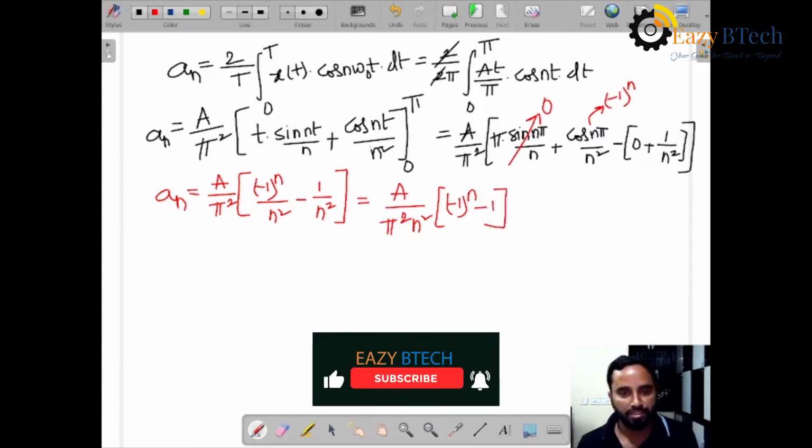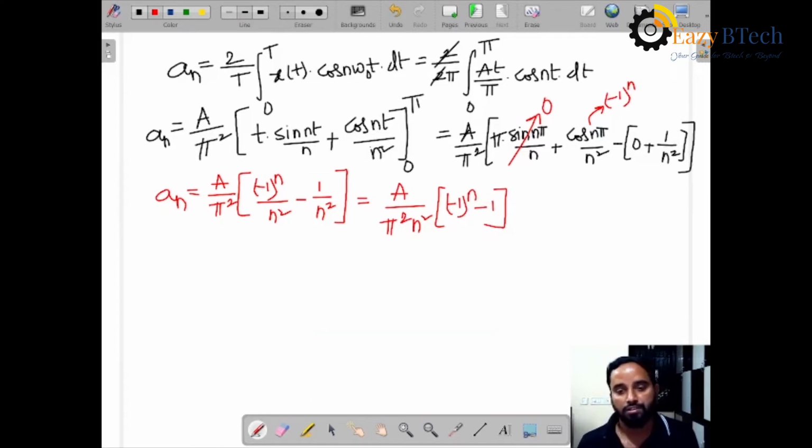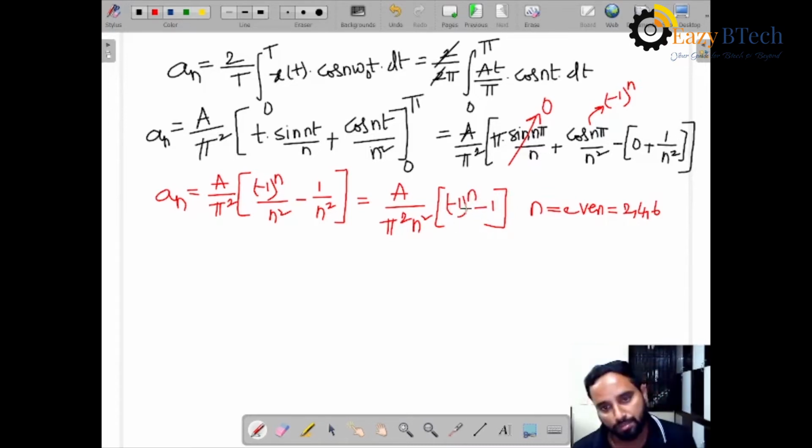Here I am discussing the cases when n is even and when n is odd. If n is even, like 2, 4, 6, 8, minus 1 power 2 will become plus 1, and minus 1, so totally a_n will become 0. So if n is even, a_n is 0.